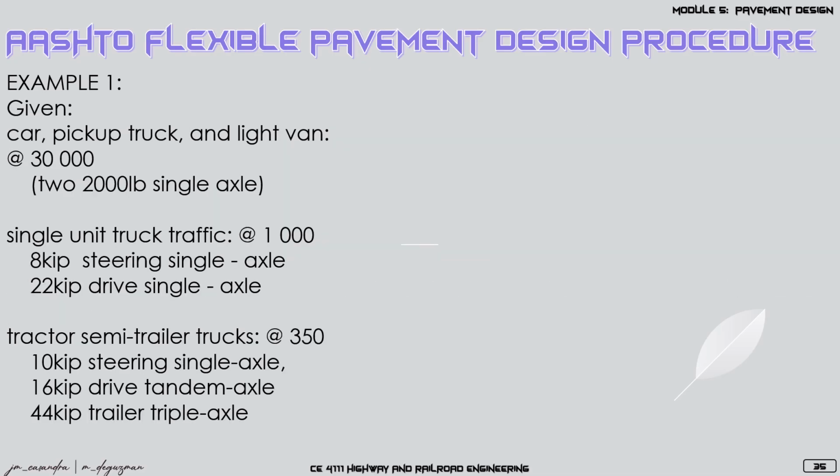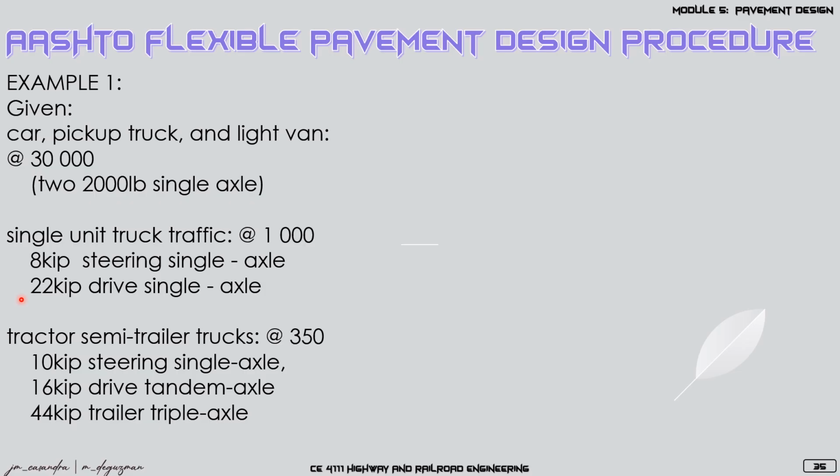Okay. So for our problem, we are given 30,000 traffic for car pickups having 2,000-pound single axle. We have 1,000 single unit truck traffic with a combination of single axle, tandem axle loads.